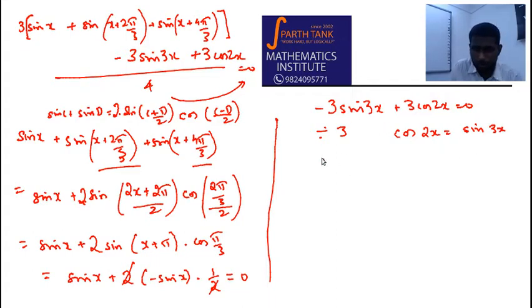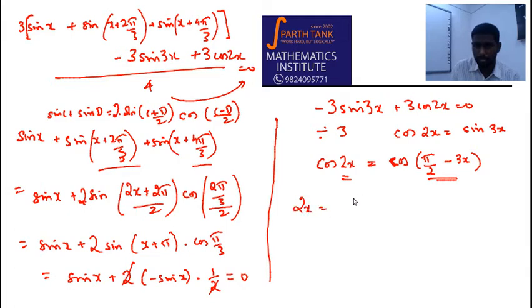Now, how to simplify this? The easiest way is to take sin 3x as cos of 90 minus 3x. When such a condition occurs, you know very well that 2x can be equal to 2k pi, any multiple of 2 pi plus the angle is going to be the same.